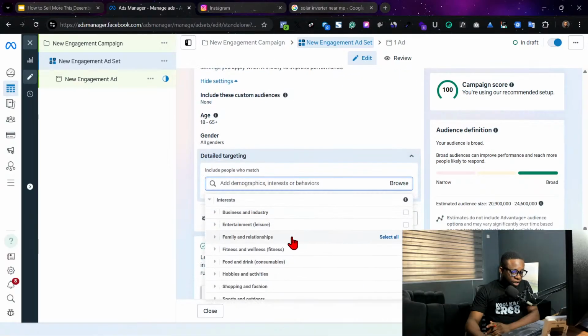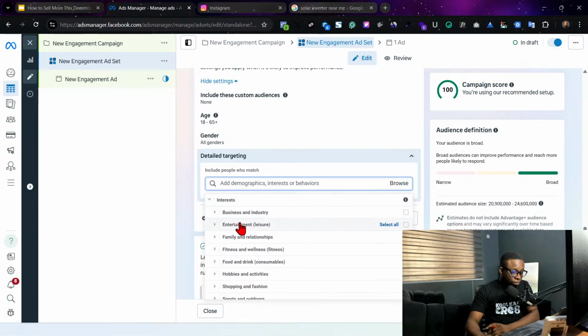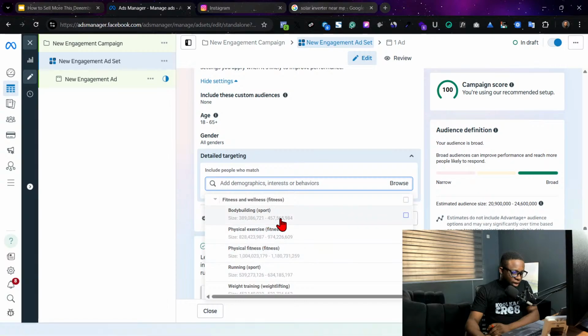So this is interest. Now you can see people are interested in agriculture, business, industry, fitness, if you are running ads. Another thing you have to be very careful about is, for example, you're a fitness brand and you are targeting people in bodybuilding.